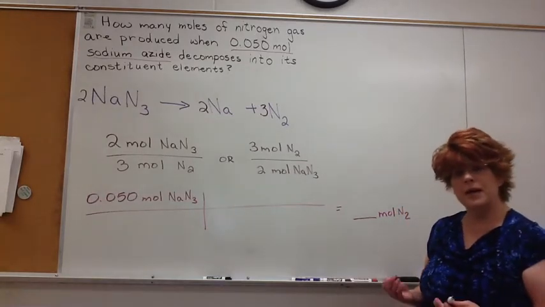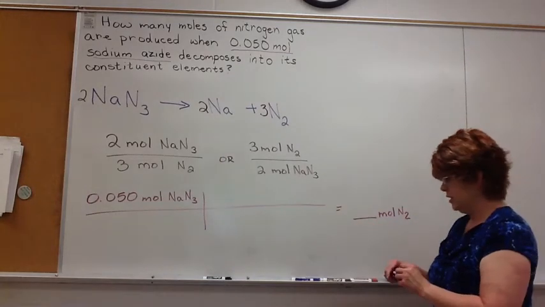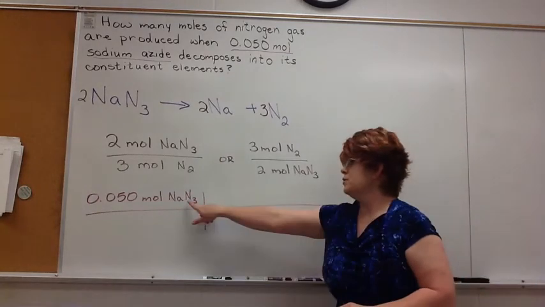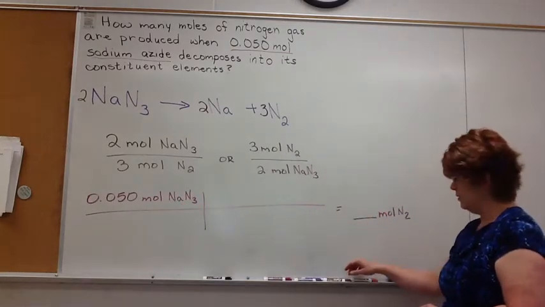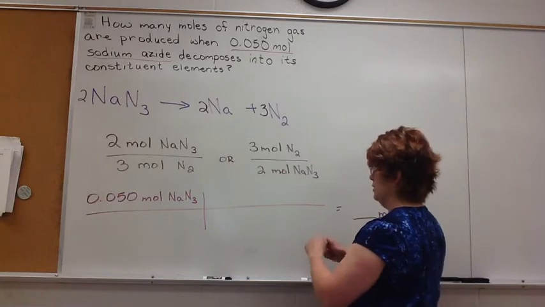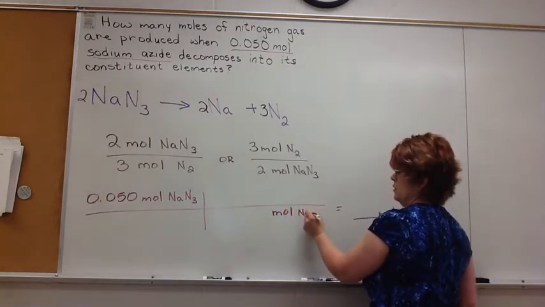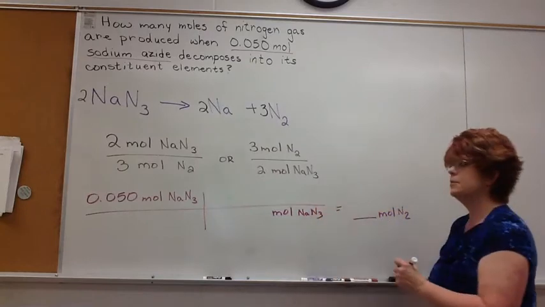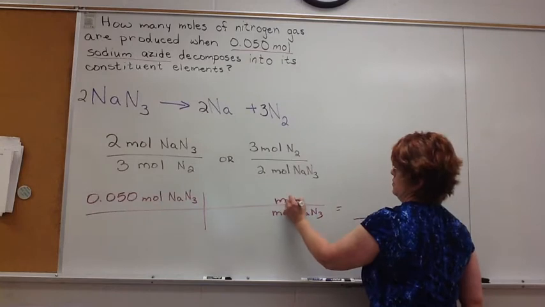So now I'm going to follow my units through to figure out which conversion factor I'm going to use. I've got moles of sodium azide here, and I want to end up with moles of nitrogen. So I need to put the unit that I want to cancel out on the bottom. And the unit that I want to go to, I put on the top of the conversion factor.